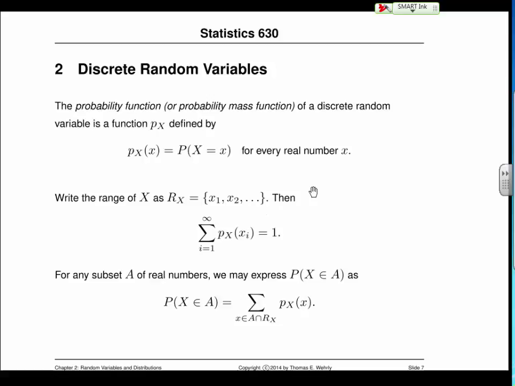So we had 0, 1, 2, 3, 4 in our previous example. Some random variables are different: if I ask, what's the number of heads before the first tail, and I keep flipping until I get a tail, well, I could go on forever. So any positive integer could be the value, in which case we would have a countably infinite set here.